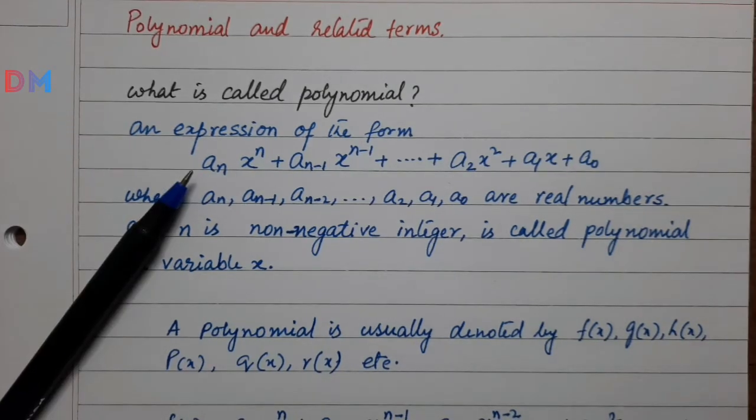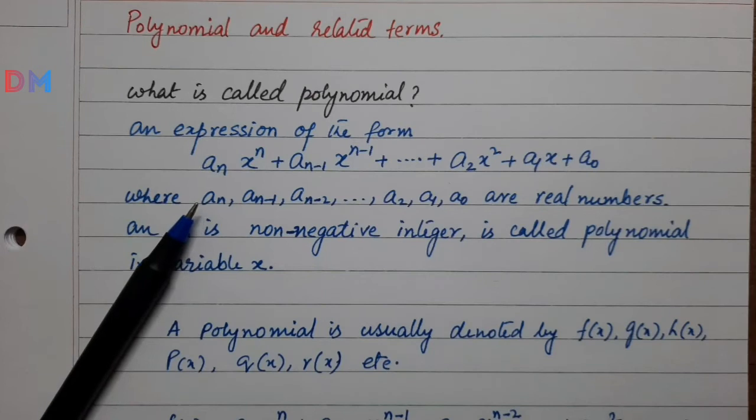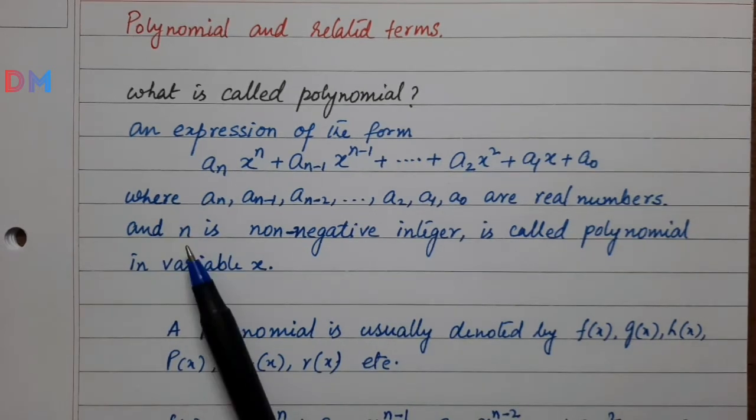It is an expression of the form a_n x to the power n plus a_{n-1} x to the power n minus 1 plus and so on, a_2 x square plus a_1 x plus a_0, where a_{n-1}, a_{n-2} and so on, a_2, a_1, a_0 are real numbers and n is a non-negative integer.